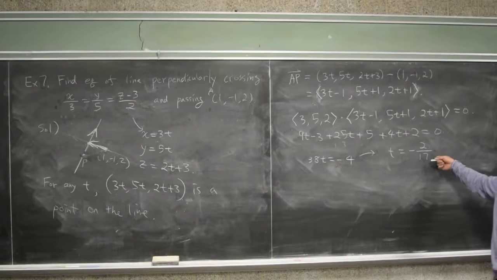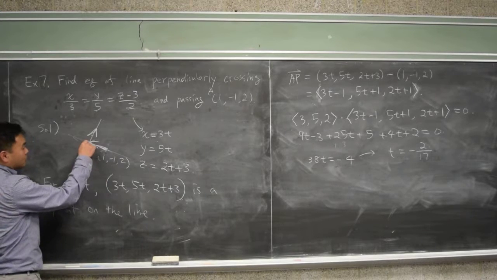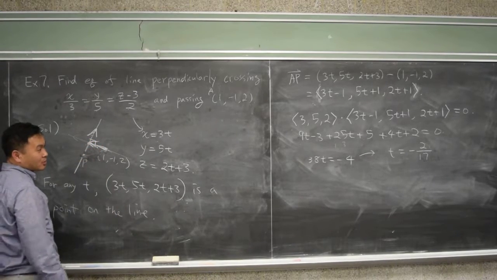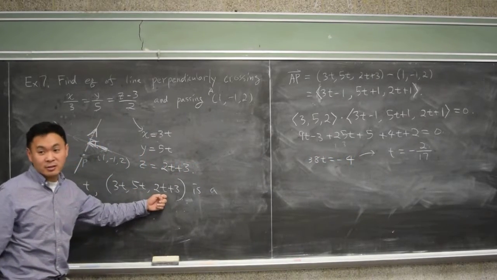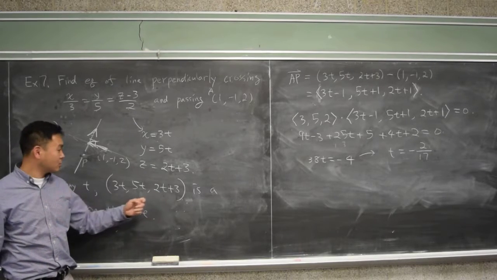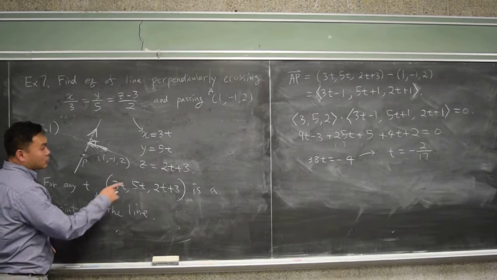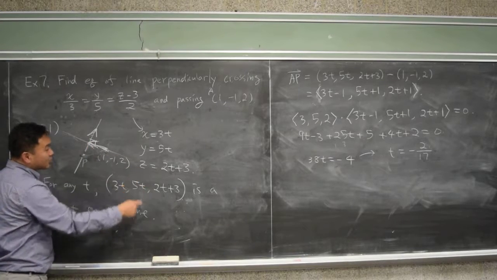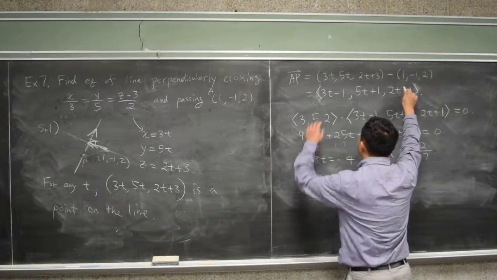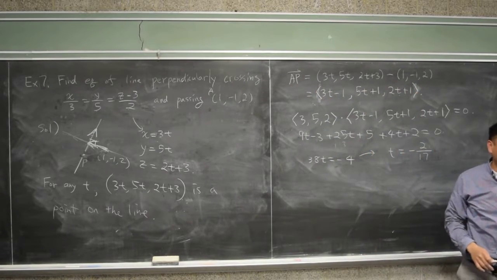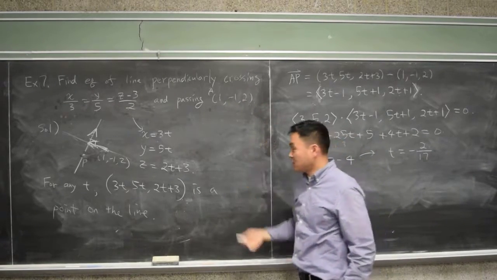That gives us the exact location of the point where it's actually perpendicular. All we have to do is plug that t value back in, and that's exactly the point here. Or for that value of t, this vector is now the perpendicular direction, which is exactly what we want. So we can plug this back in, and that will give me the direction of the line that we want. After that, since I have x naught, y naught, z naught, we have the answer.